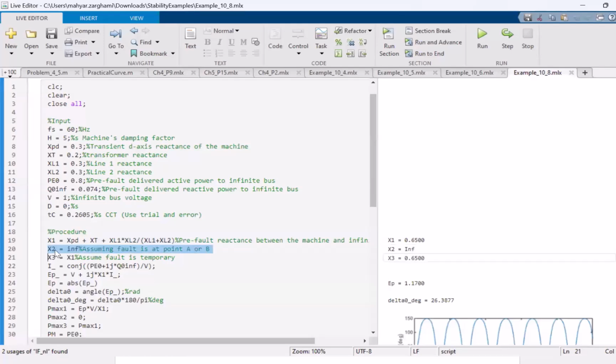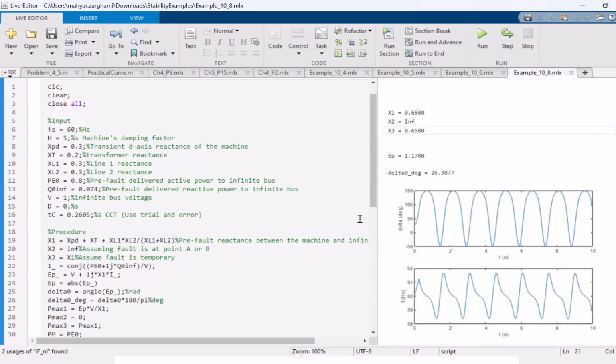X2 is infinite, which means that we're assuming the fault is happening close to the bus, so that there would be no chance to take the power from the internal source, from the generator, to the infinite bus. And X3 would be equal to X1, which means that the fault is temporary, okay?